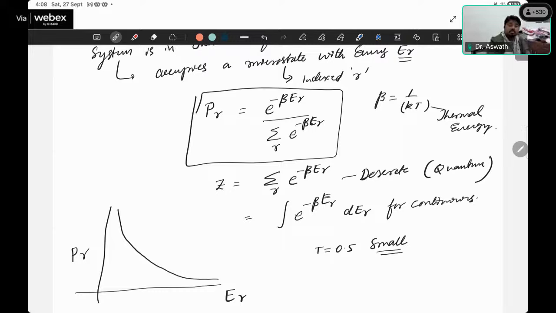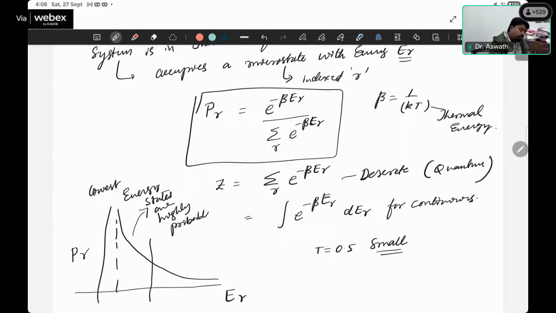What I mean is the lowest energy states are highly probable. Probability of them is more. The highest energy states are less probable.